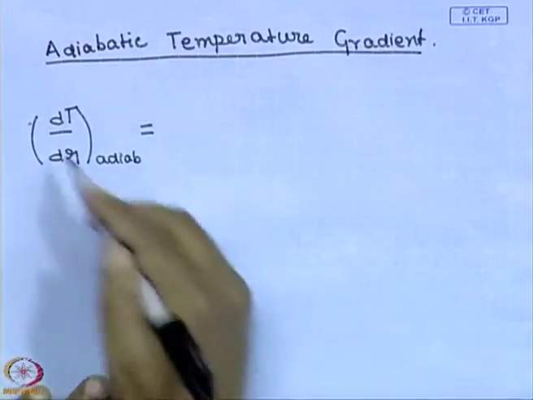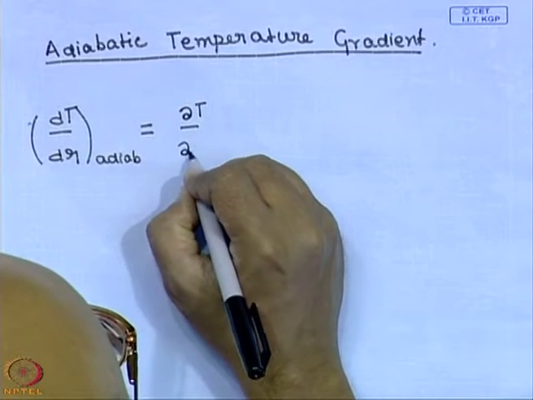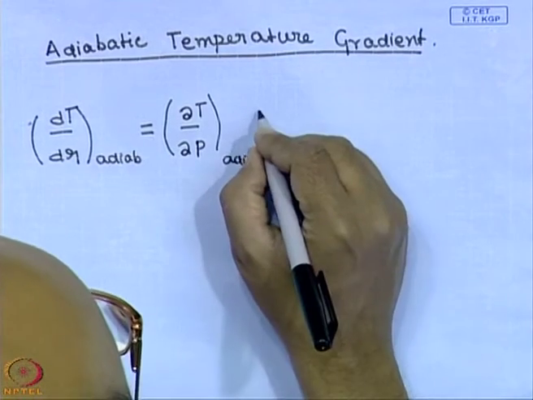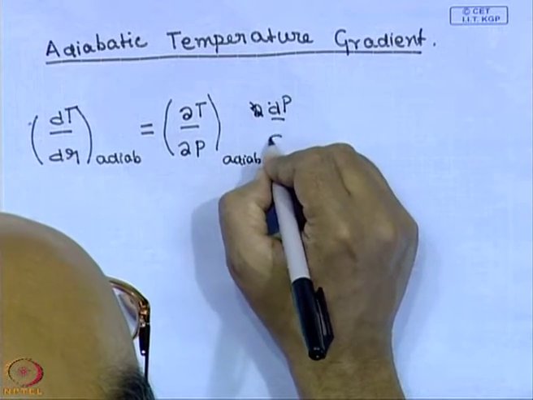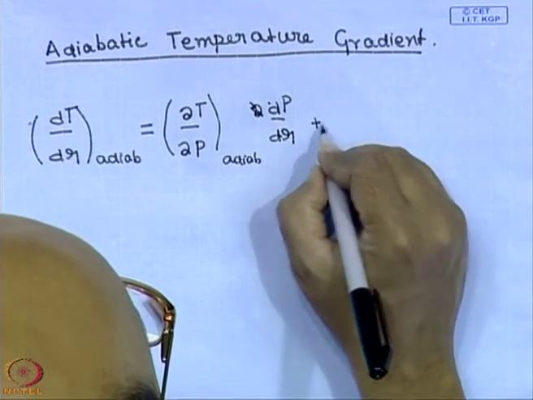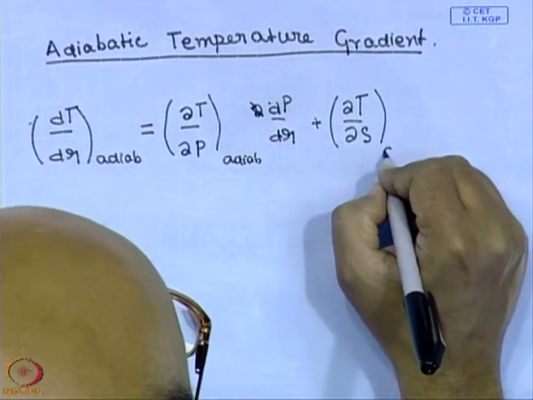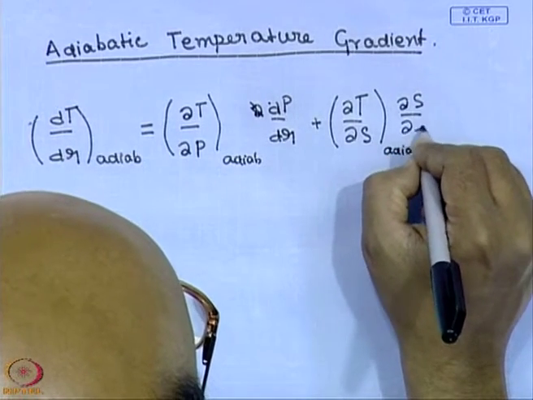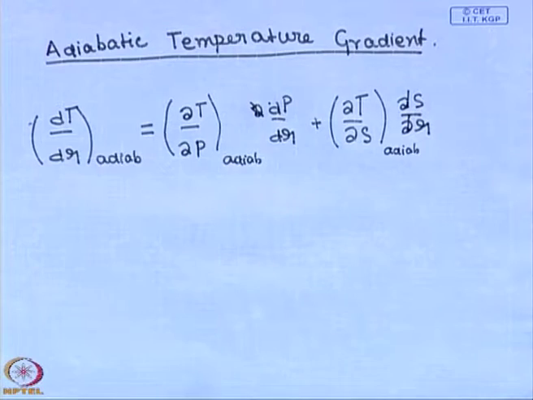Then this derivative can be written as (del T/del P) adiabatic into dP/dr plus (del T/del S) adiabatic into dS/dr. The entropy and the pressure are state variables, they vary with r.